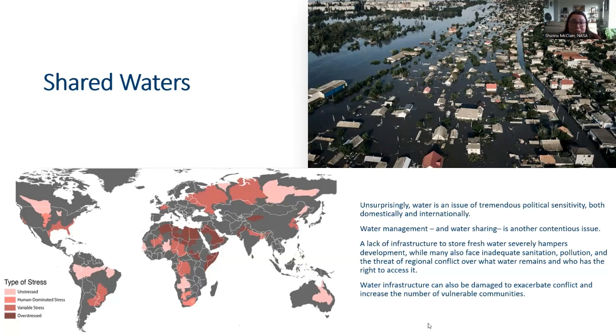In fact, I think we've seen recently in many places around the world, but certainly with the Russia-Ukraine conflict, that water infrastructure can be one of the first things damaged in conflict in order to cut people off from critical resources. So given the importance of water, there are a tremendous number of satellites around the world.